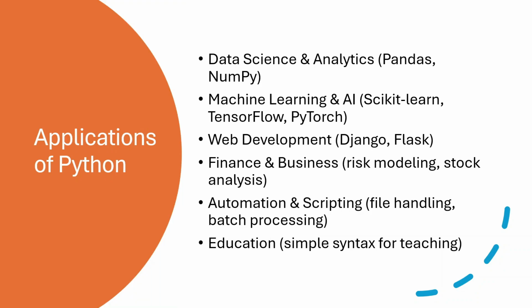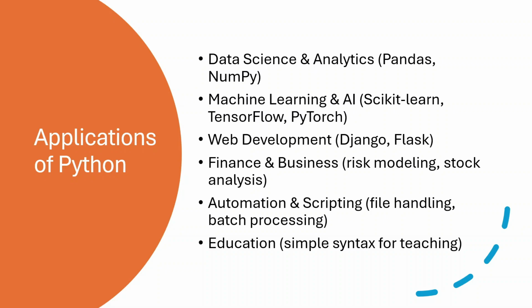Moving on, one more important thing: where is Python applied? Different domains use Python as their primary language. The first is data science and analytics, where the libraries are Pandas and NumPy. In machine learning and AI, the libraries mostly used are Scikit-learn, TensorFlow and PyTorch.